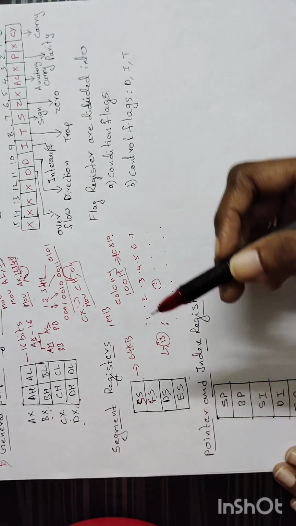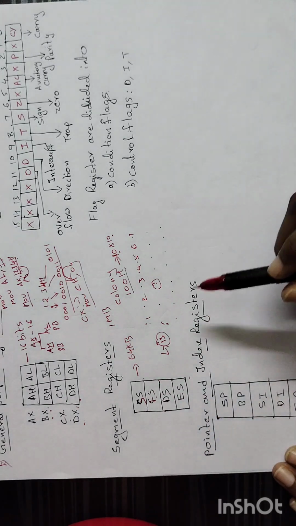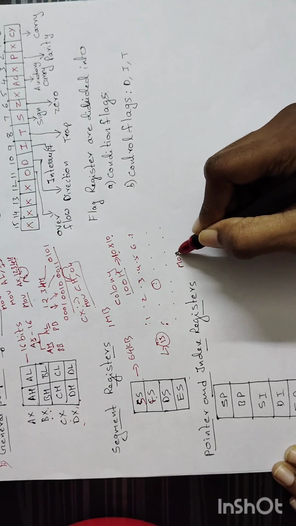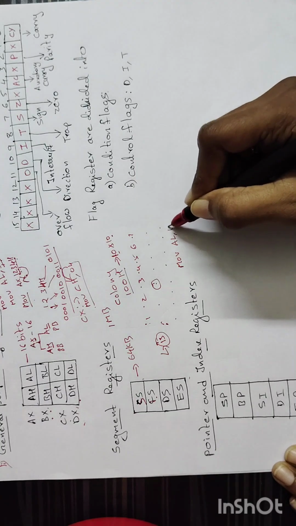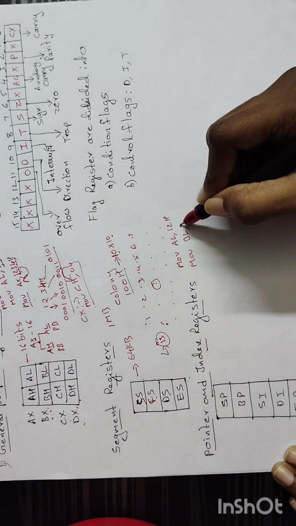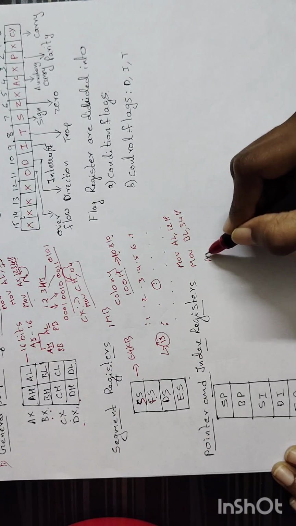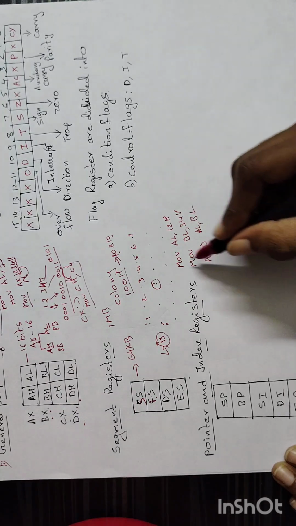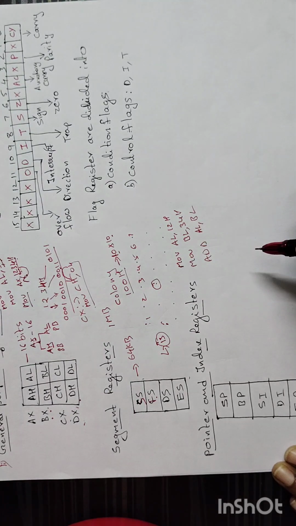For example, MOV AL, 12H; MOV BL, 34H; ADD AL, BL. These three are different instructions.